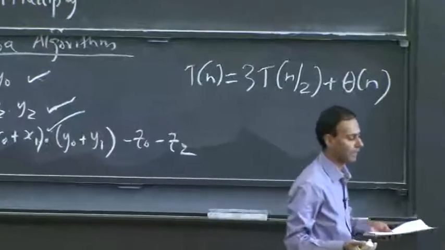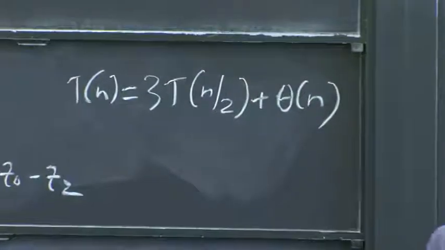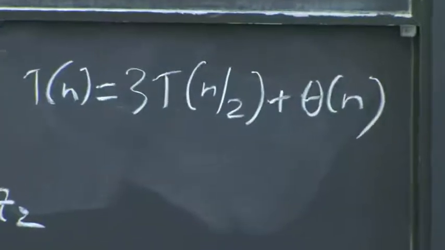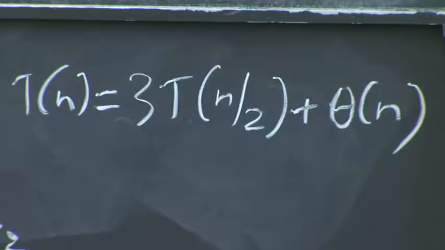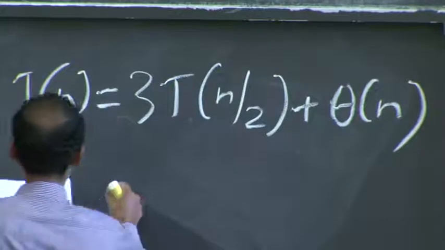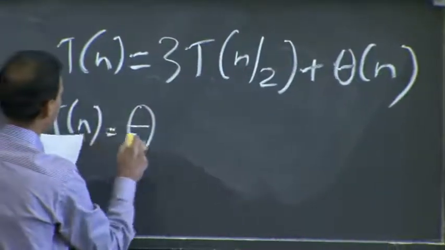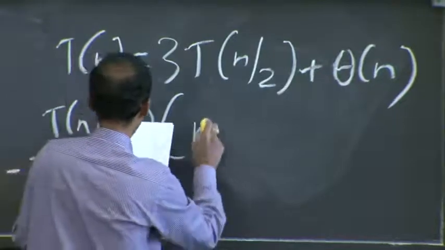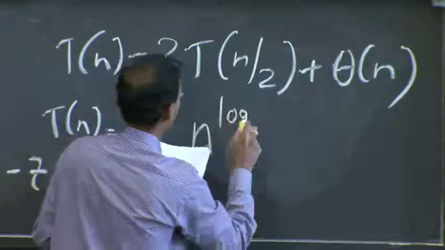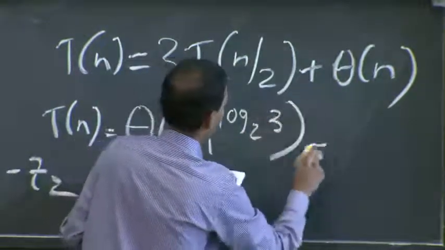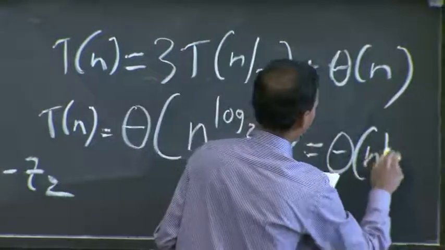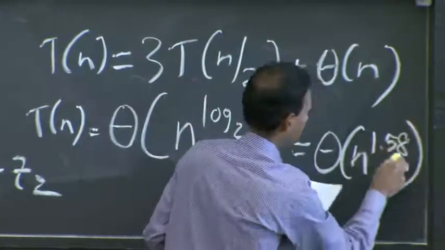Multiplications are the complicated operation. Divisions are even more complicated. But additions are easy, and you can do those in linear time for n-digit numbers. And so that tells us that T(n) equals theta of n raised to log base 2 of 3, which is, by the way, theta of n raised to 1.58, roughly speaking.